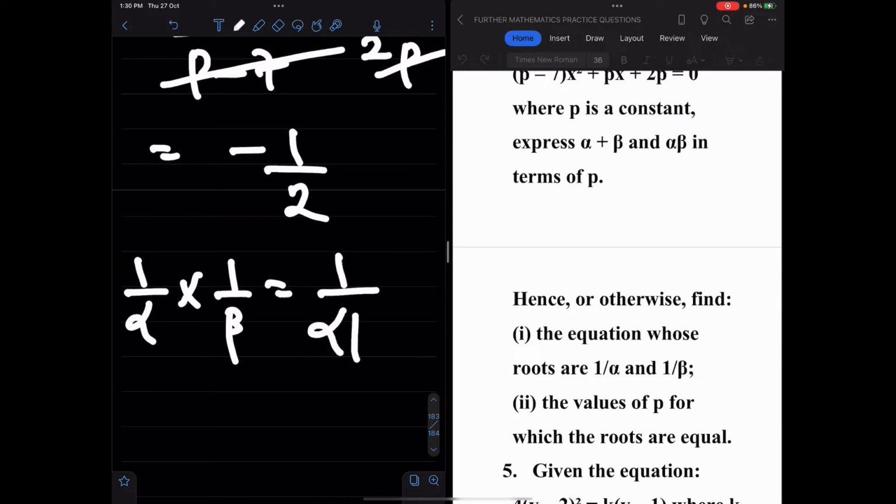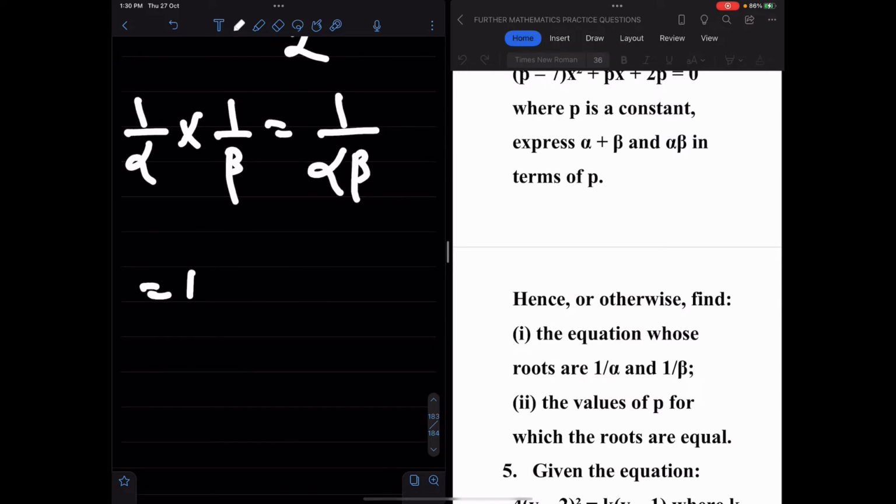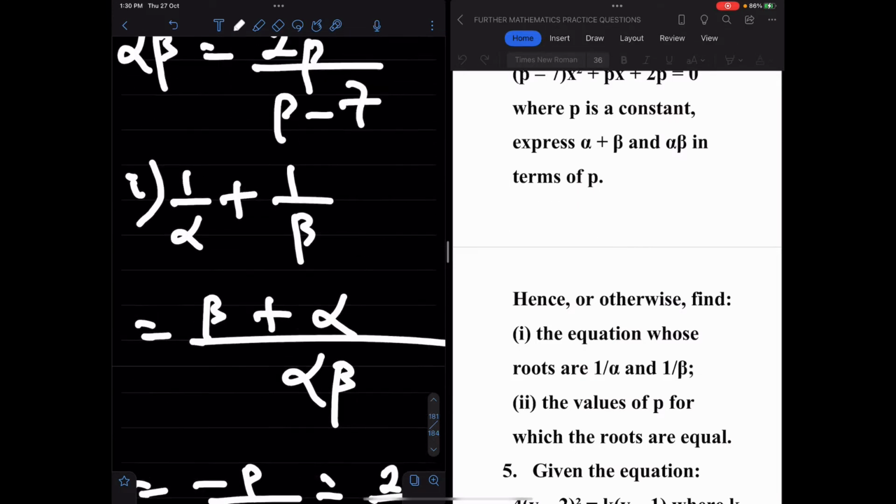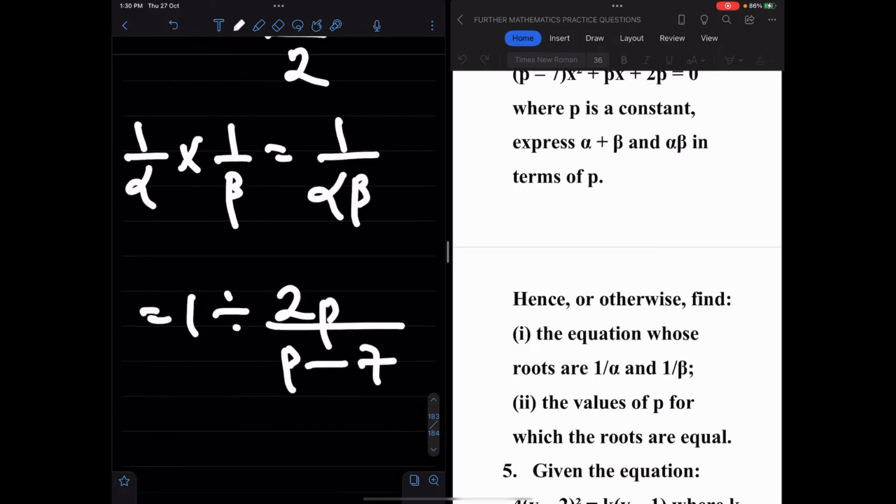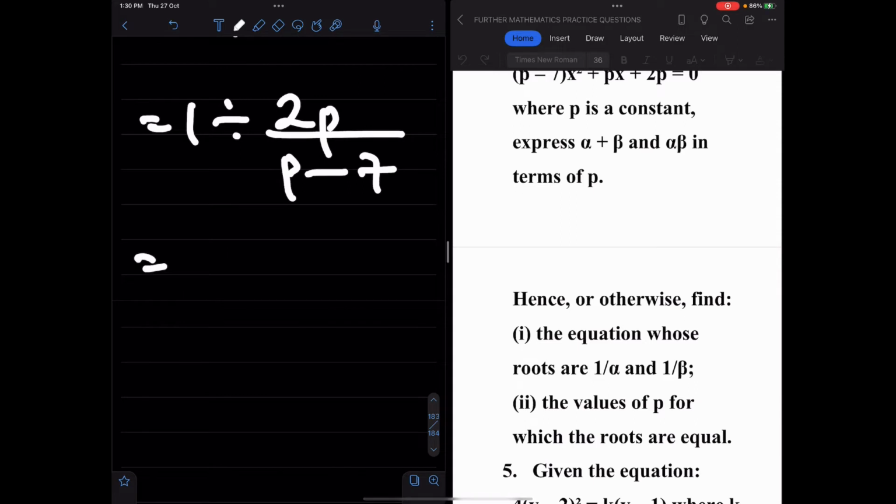1 over alpha beta, which is the same as 1 divided by alpha beta, which is 2p over p minus 7. I hope that's correct. Yeah, that's correct. 2p over p minus 7, and that's the same as p minus 7 over 2p.